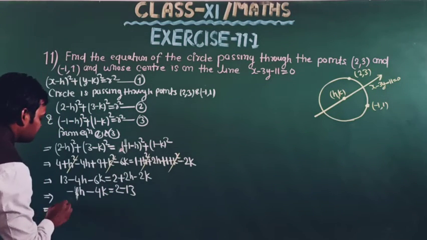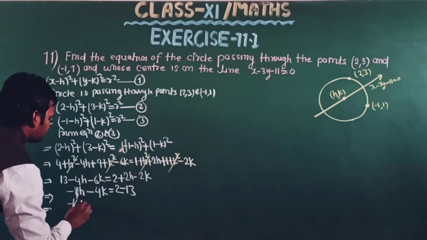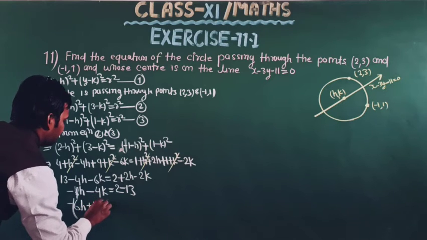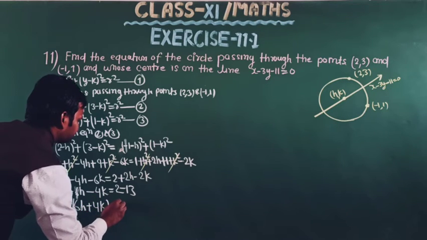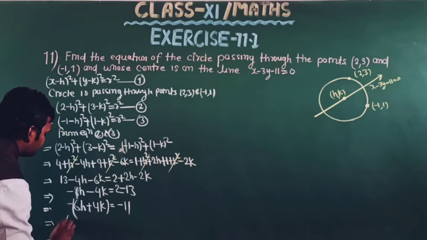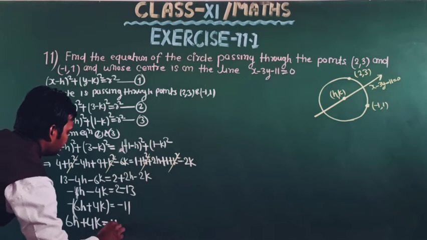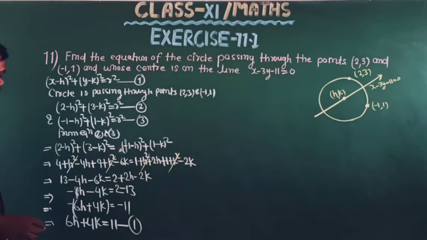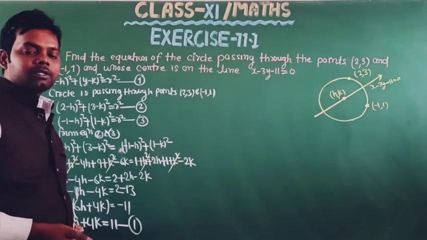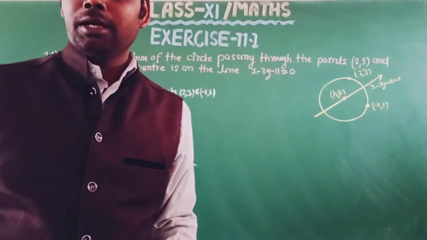This implies minus 6h minus 4k equal to minus 11, so 6h plus 4k equal to 11. Okay, here the first equation becomes 6h plus 4k equal to 11.